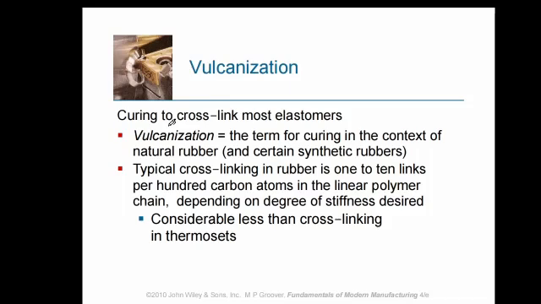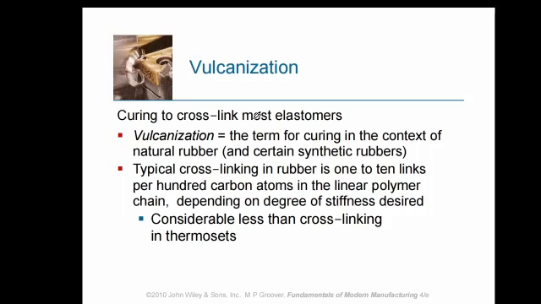So we are promoting more cross links, thereby reducing elasticity of the rubber. It becomes a bit more set. So vulcanization is the term for curing in the context of natural rubber and some certain synthetic rubbers.